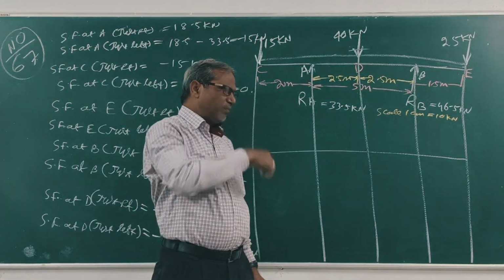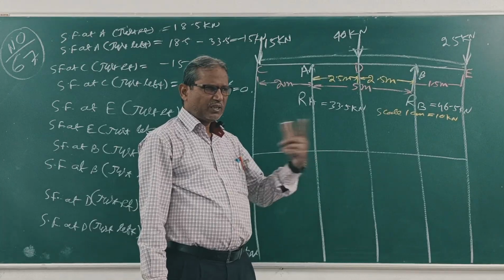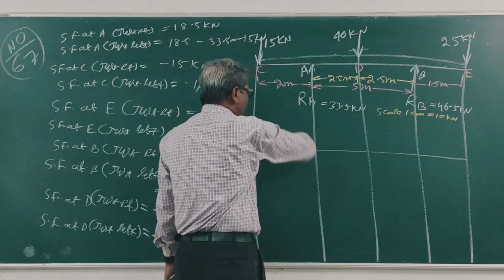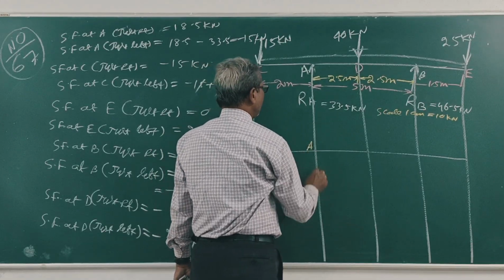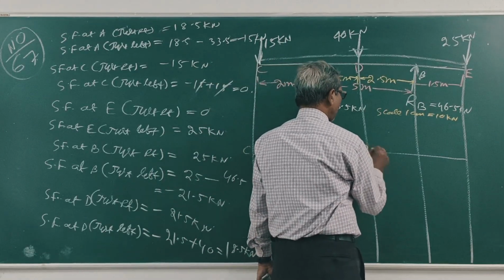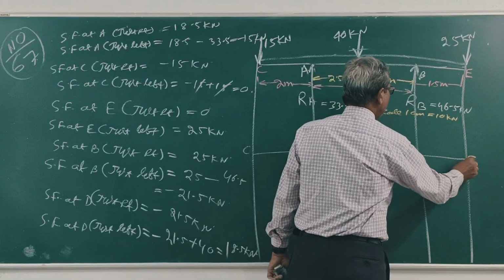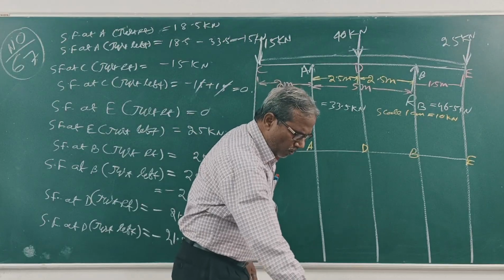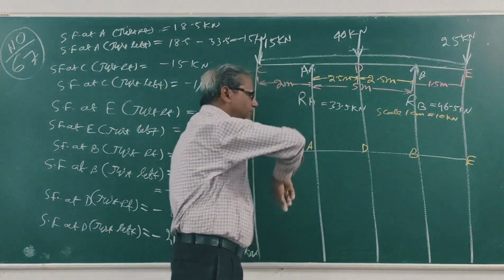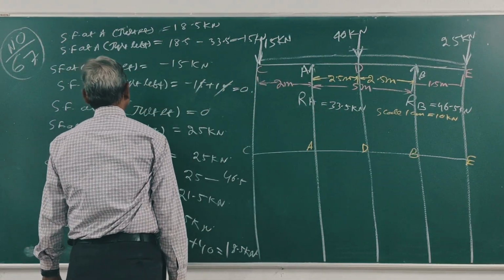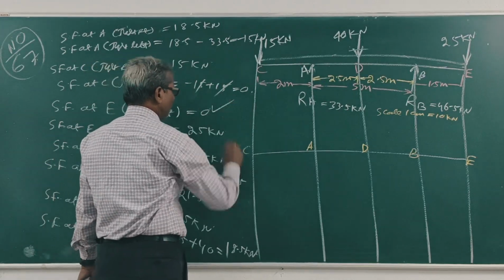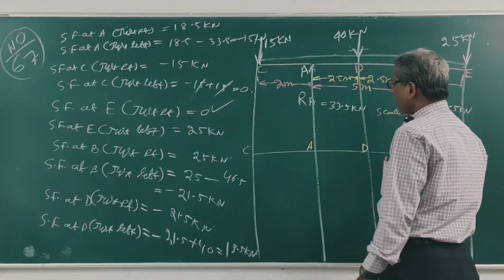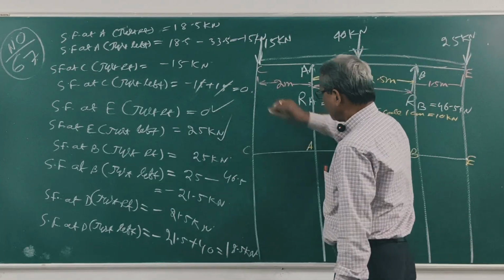Now mark the points E, B, D, A, C and put in the values. At E just right it is 0. At E just left, plus 25.